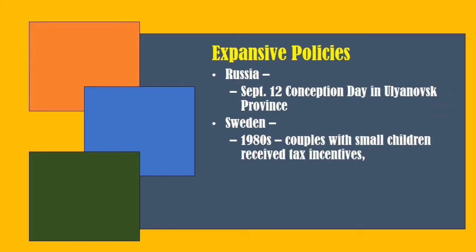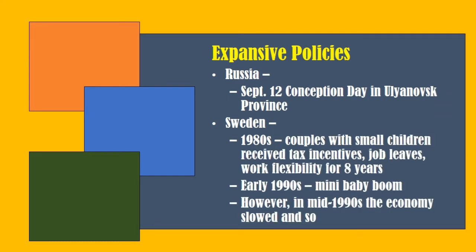Example, Russia, they have what they call Conception Day, which is on September 12, also known as Procreation Day in one of its provinces, particularly in Ulyanovsk, where Vladimir Lenin was born.